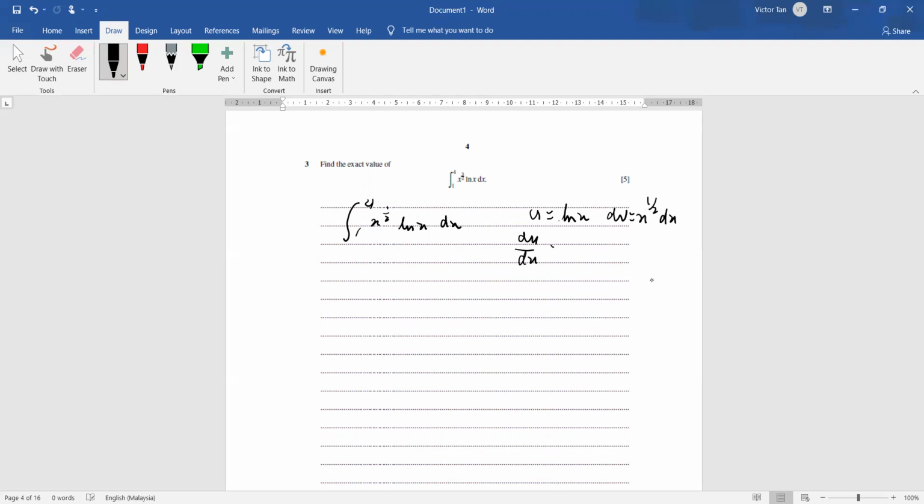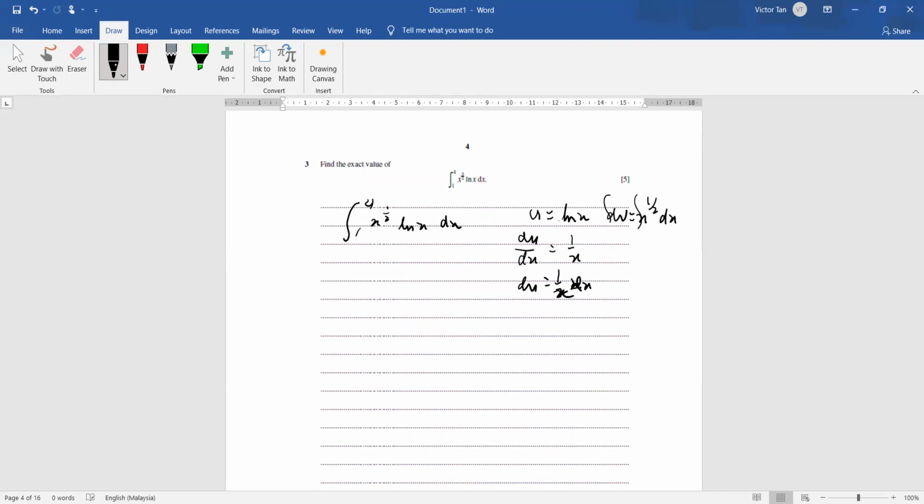So du over dx equals 1 over x. Correct this: du is 1 over x dx.